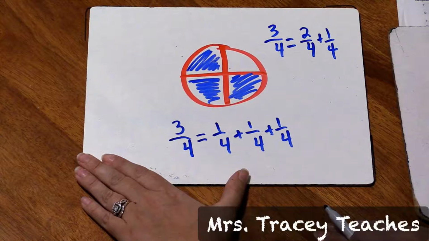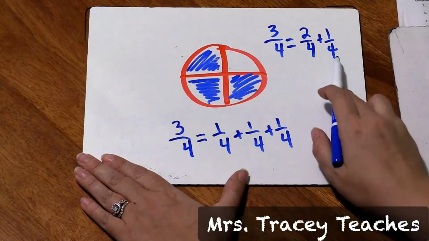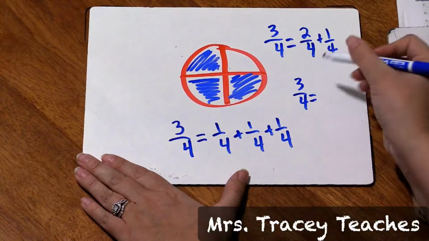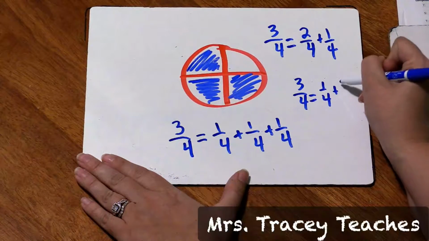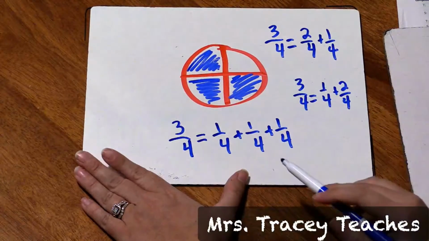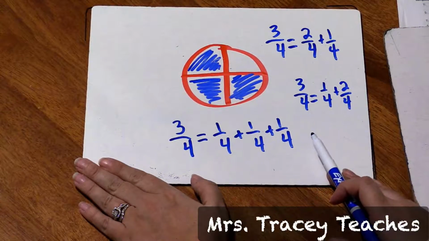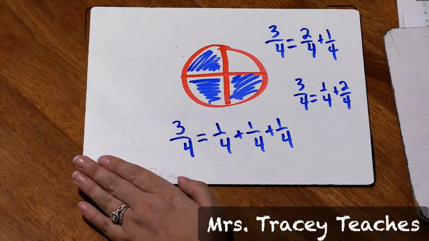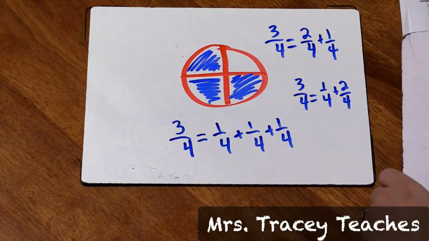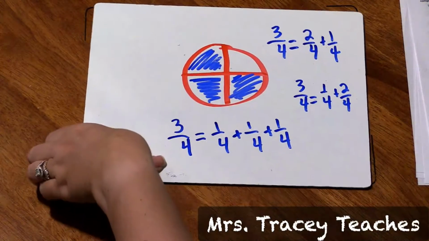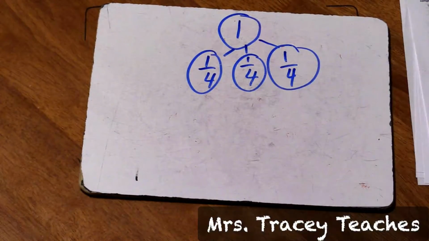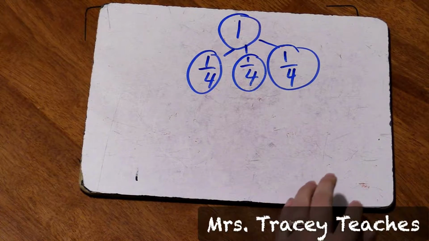Another way we could write it is if you turn that around and say 3/4 equals 1/4 plus 2/4. So that's 3 different ways that you can write this fraction. And that's what we're going to do today. We're going to look at different ways to write equations for fractions.